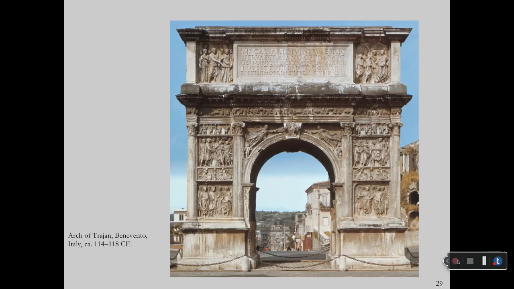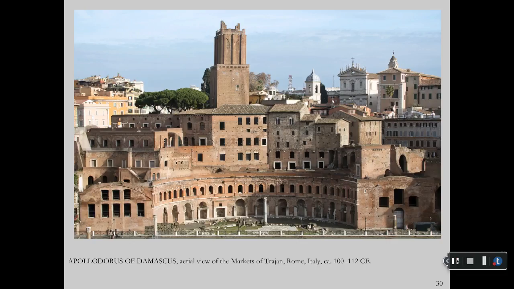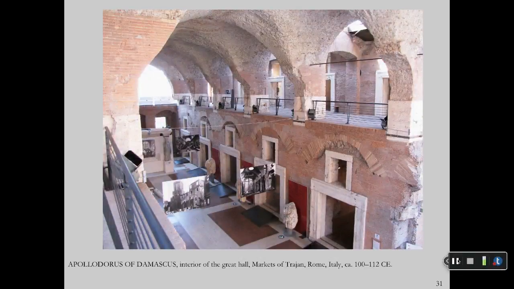Beheaded Dacians from the Column of Trajan. The Arch of Trajan. View of the markets of Trajan.